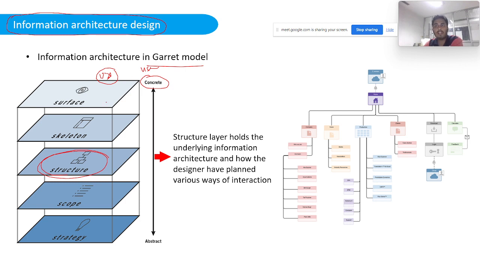That means those are finalized information which a user can understand, and the information below is more abstract in nature.